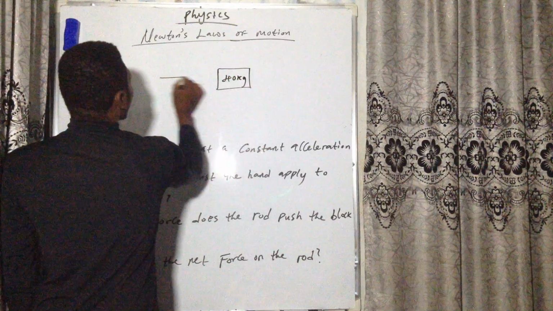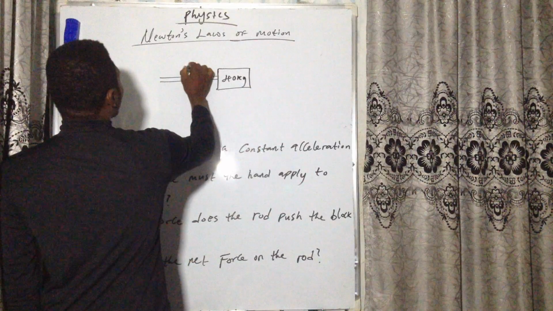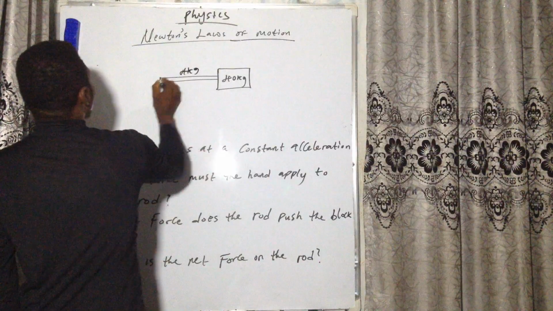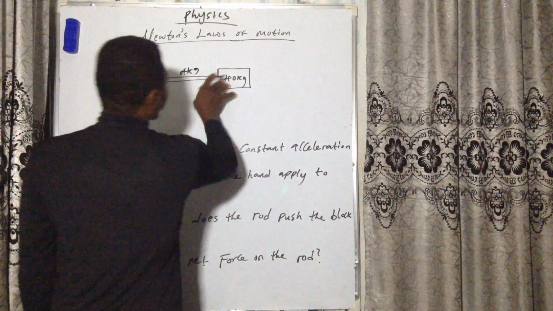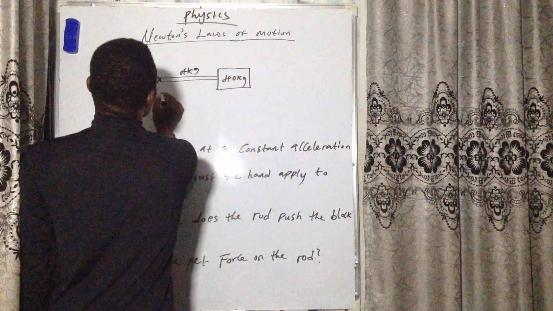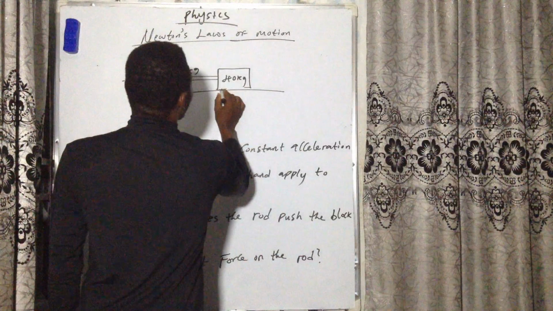Now this is the rod. The rod is 4 kg. So this is the applied force, Fa, on both the rod and the mass. Now this is the surface, the frictionless surface, okay?